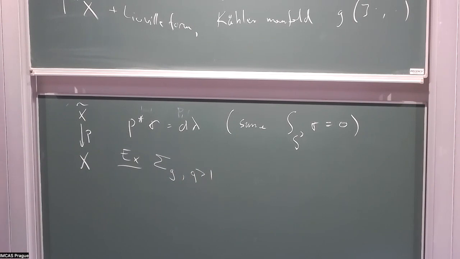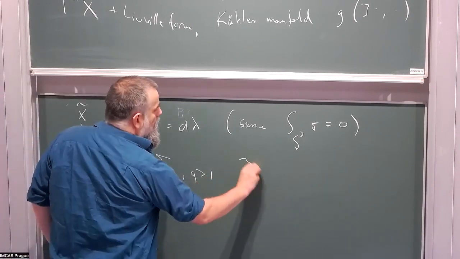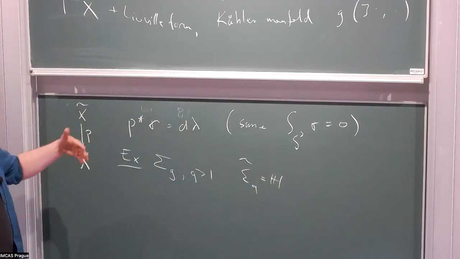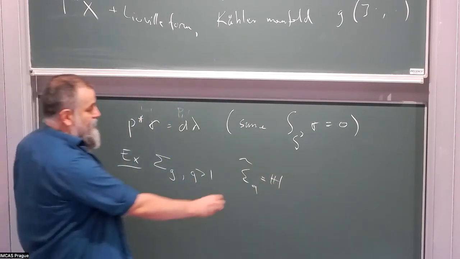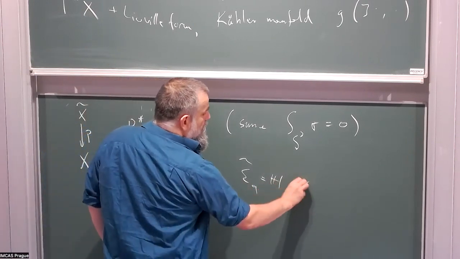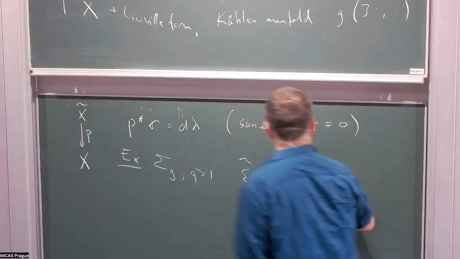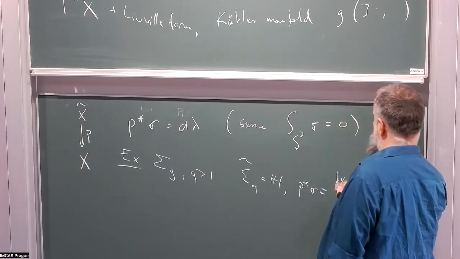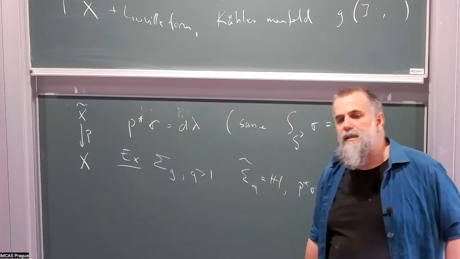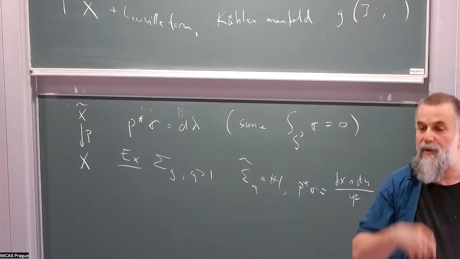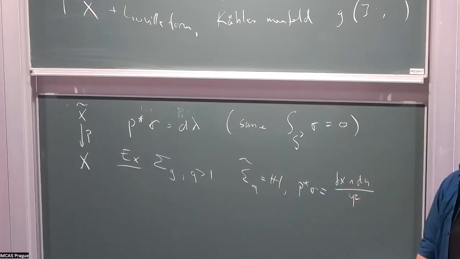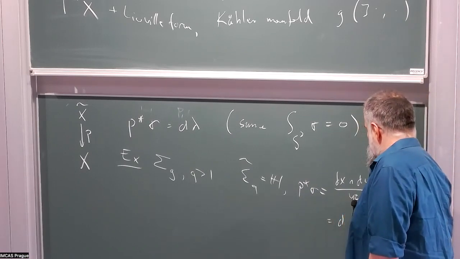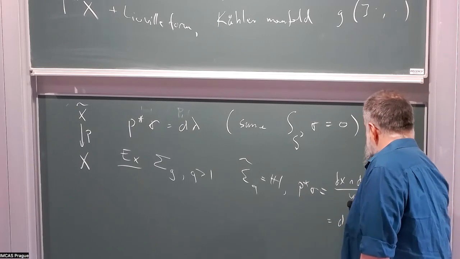Then the universal cover is hyperbolic space, and if I uniformize it, I can think that this pullback of sigma is nothing but dx wedge dy over y squared, where x and y are standard coordinates in the upper half plane. And I see that this is the derivative of x dx over y.